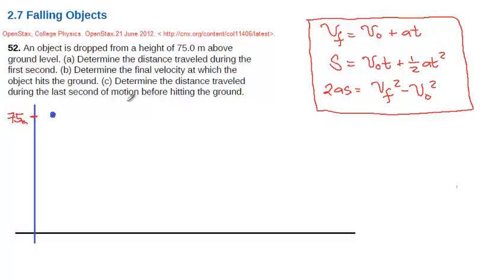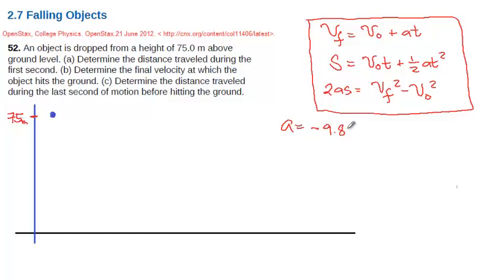Now, determine the distance traveled during the first second. What do we know for this scenario? This is free fall, meaning only gravity is acting, and by that we know that if we assume upward positive, a is negative 9.80 meters per second squared. I'm just using 9.8.